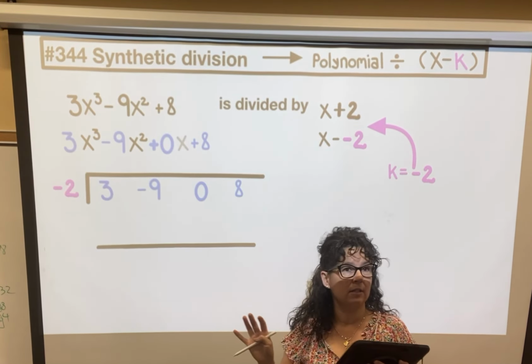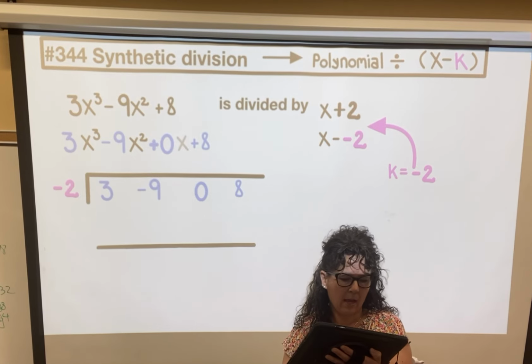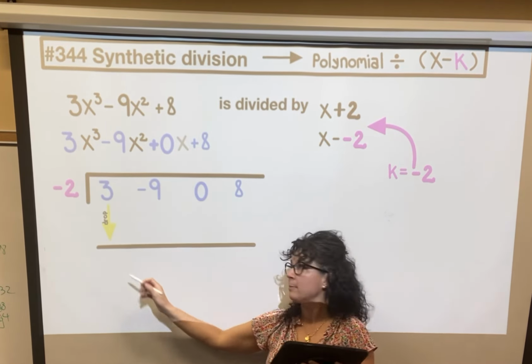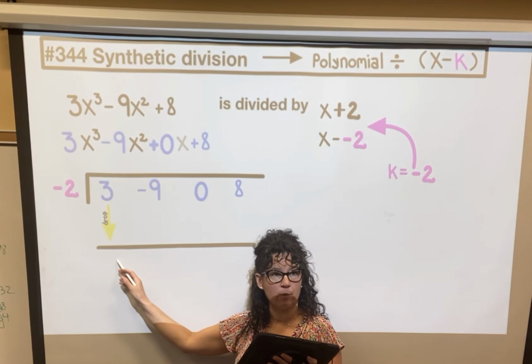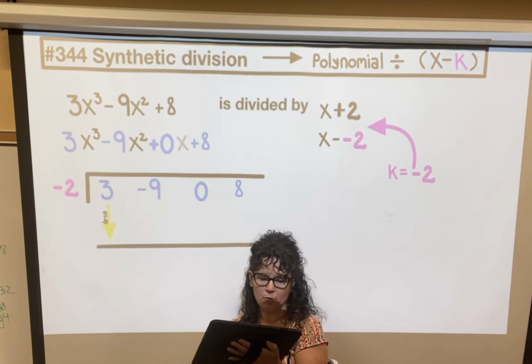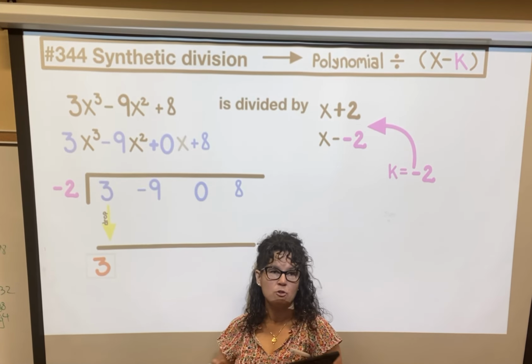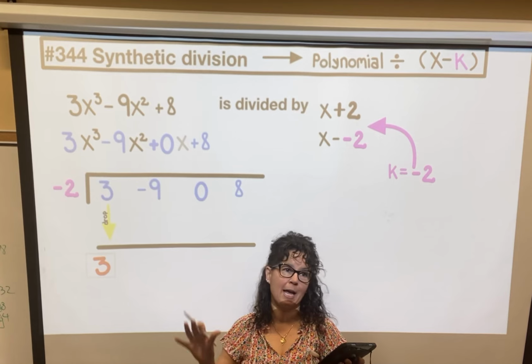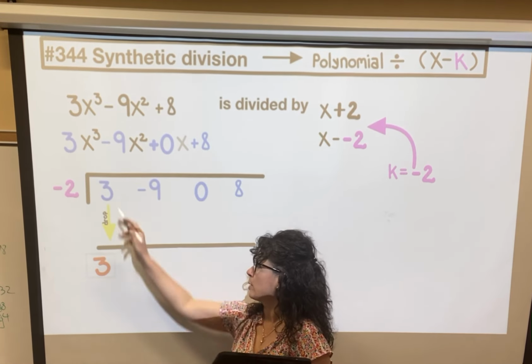Now we have the division set up, and we're going to get it started by dropping down this first number. So I'm going to drop down the 3. So drop it down, and then we'll multiply, add, multiply, add, multiply, add until we're done. And so we've dropped the number down.